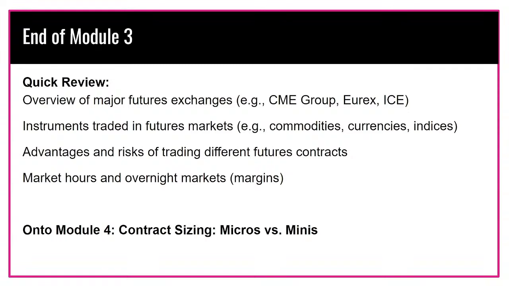As we move into Module 4, we will delve into the essential aspects of futures trading, contract size, specifically micros versus minis. These contracts cater to traders with different risk appetites and capital sizes. Understanding the nuances of micro and mini contracts will enable you to tailor your trading approach to suit your individual goals and preferences.